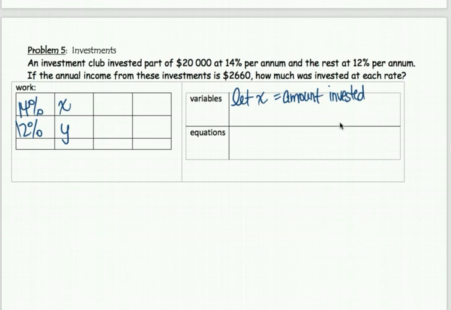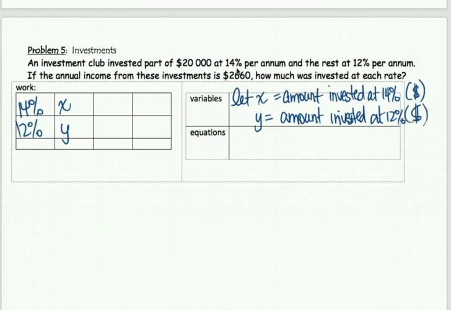Okay, so it's an investment. Amount invested at 14%. Okay, and we're going to put $ because it's an amount of money. All right, and then amount invested at 12%. Again, money, to get full marks.